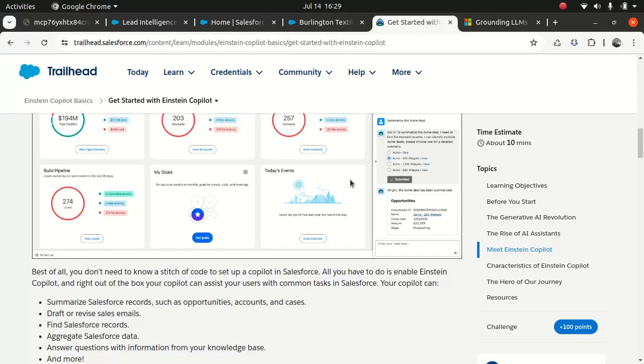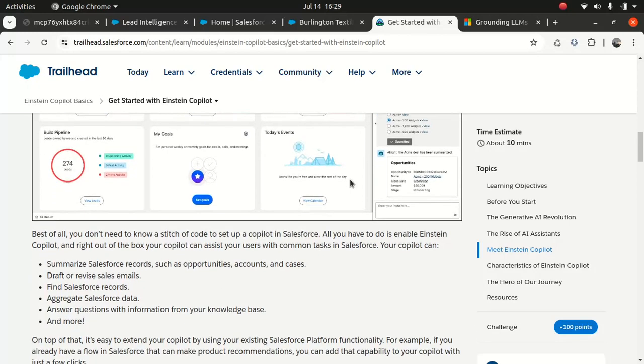Some of the things Salesforce says the Copilot can do are to summarize your Salesforce records, such as opportunities, accounts, and cases. You can also draft and revise sales emails, which is important in my opinion, because when you write sales emails, you need to pay special attention considering your audience, the tone, and the information you want to communicate.